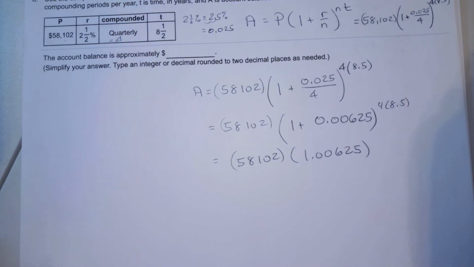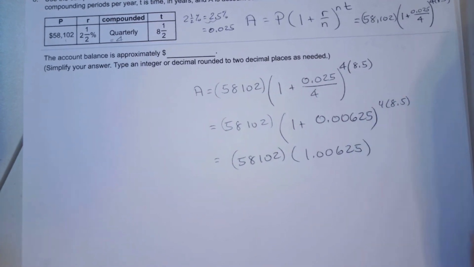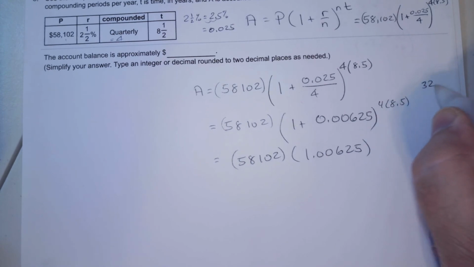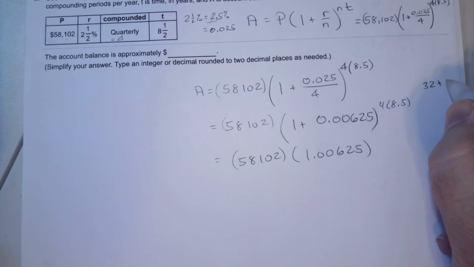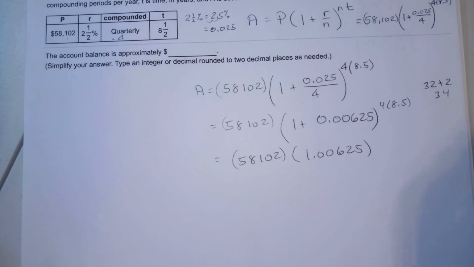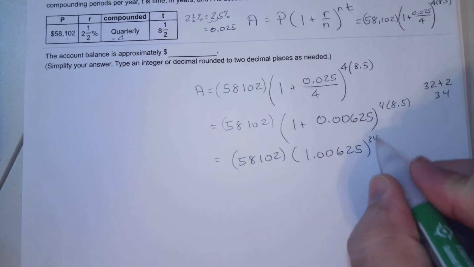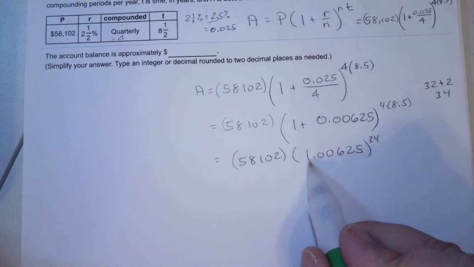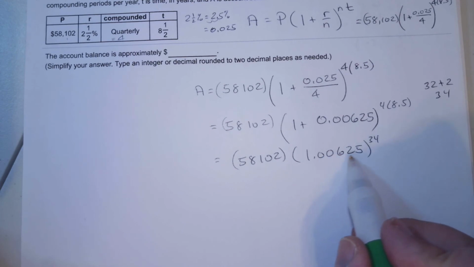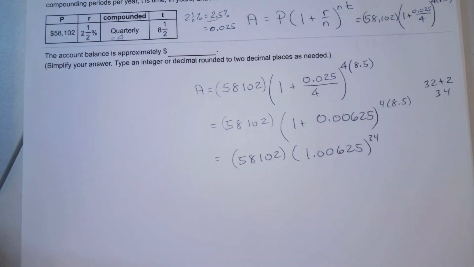4 times 8.5. 4 times 8 is 32. And 4 times 0.5 is 2, so it's 34. So now I take 1.00625, raise it to the power 34.